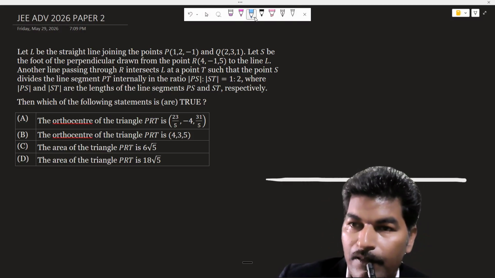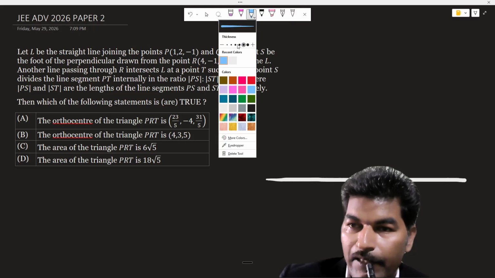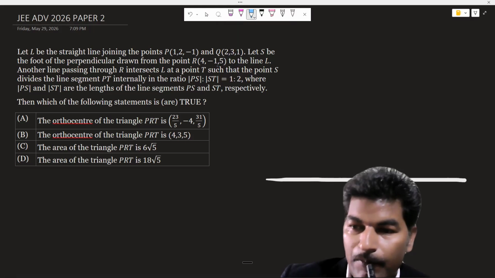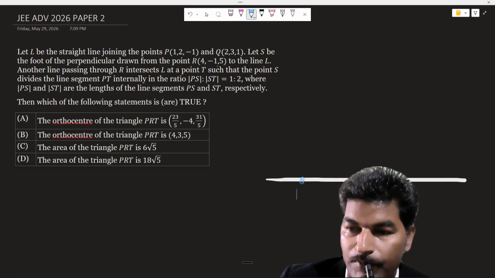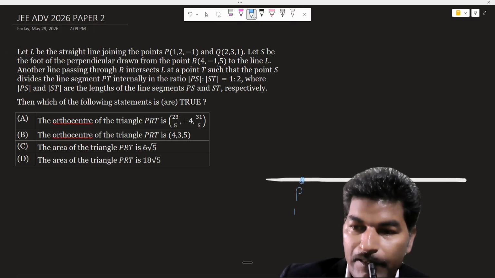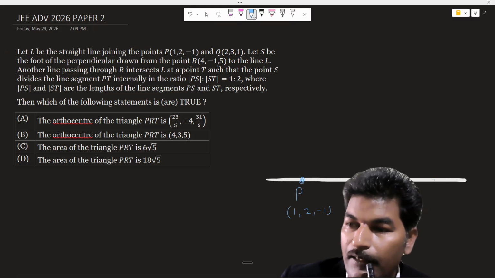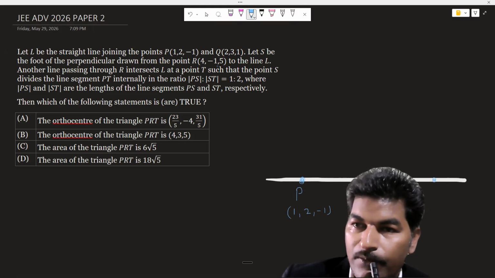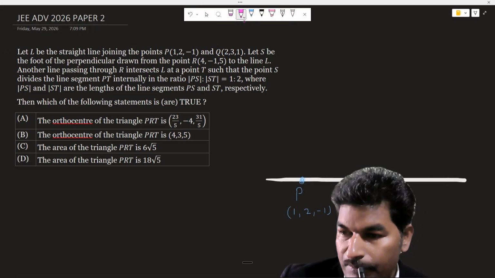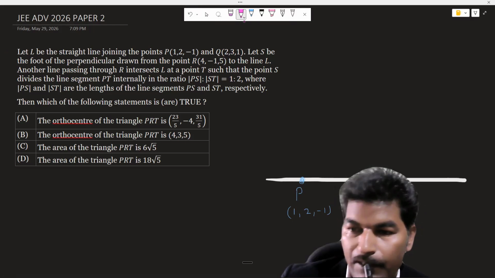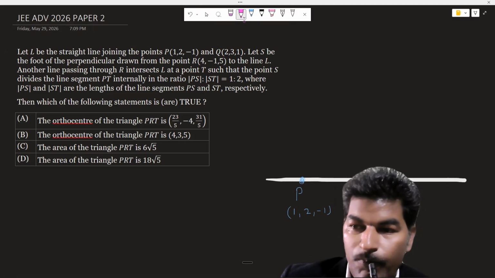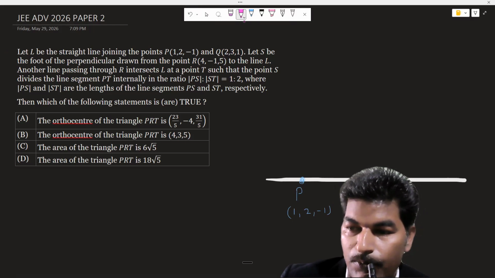And in this straight line, point P is somewhere here, and it is (1, 2, -1). This line passes through two different points, say P and Q. And Q point was (2, 3, 1).